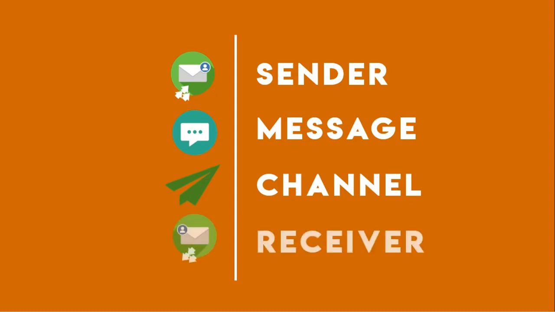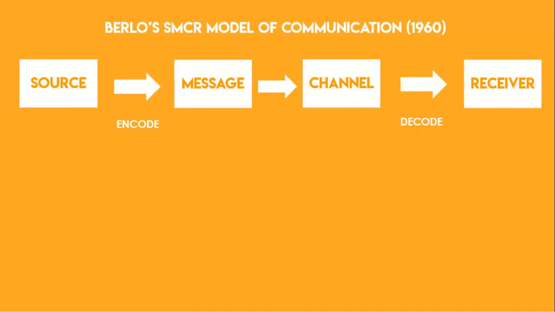Berlo's model has mainly four components to describe the communication process. They are the sender, message, channel, and receiver. Each of the components is affected by many factors. A source encodes a message in a channel to a receiver who decodes the message.